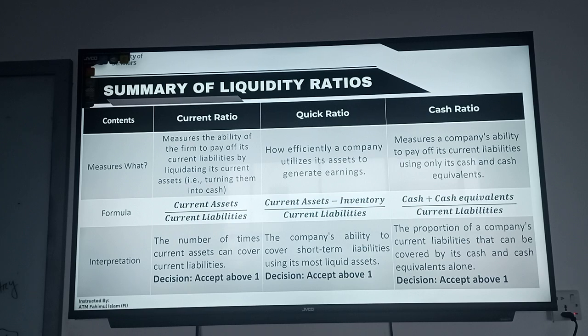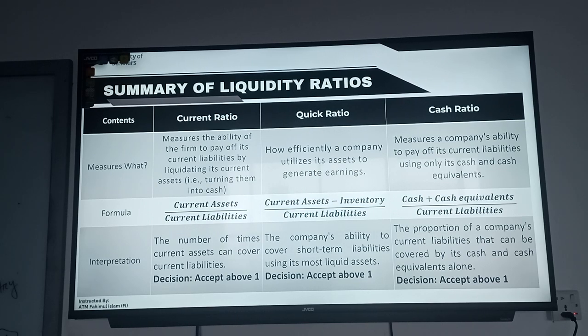In all of the liquidity ratios, we divide each and every one of them by current liabilities. The first one, current ratio, the equation should be current assets divided by current liabilities. It indicates the number of times current assets can cover its current liabilities.